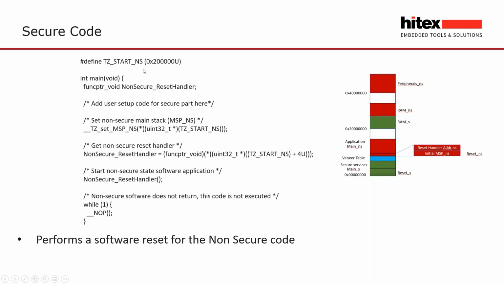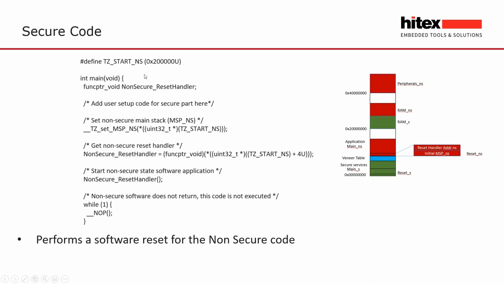So in our main startup, we have a hash define where we can say where the non-secure code is starting. And then we have a new CMSIS function, which allows the secure code to access the non-secure main stack pointer. We're loading the first 4 bytes of the image directly into the main stack pointer of the non-secure code, so we're setting up the stack pointer for the non-secure code so we can start executing.